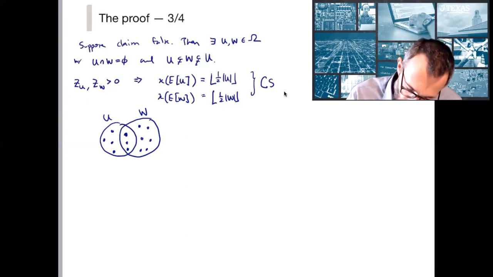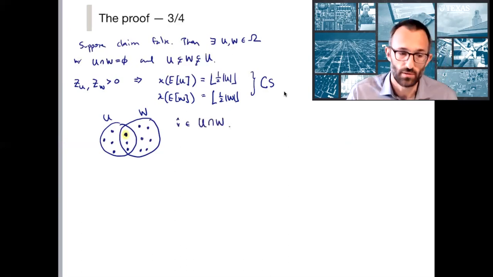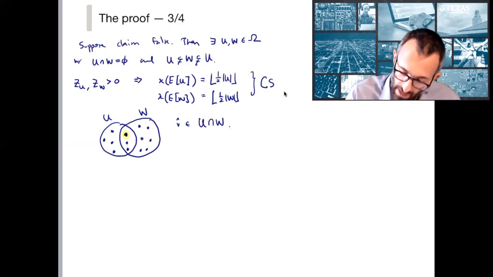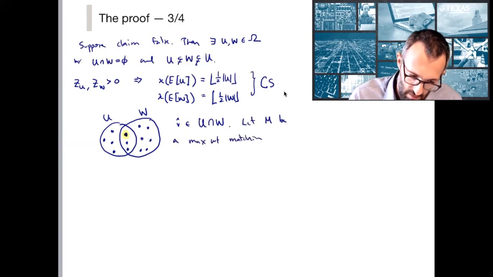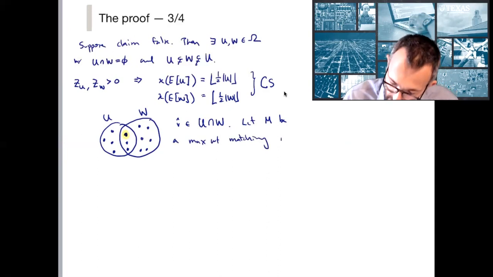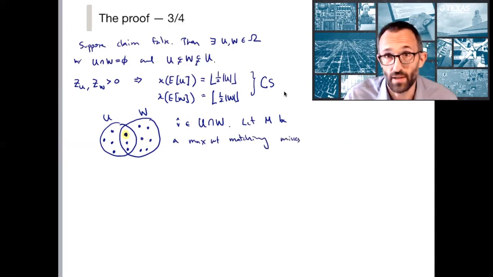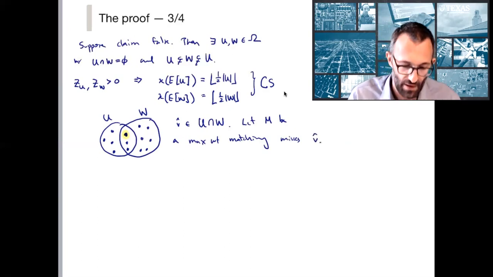So let's look at a particular element, say this one. Let's look at v hat in the intersection of U and W. We know that there exists something in the intersection, and let M be a max weight matching that misses that v hat. Again, we know that such a max weight matching has to exist by our previous claim.